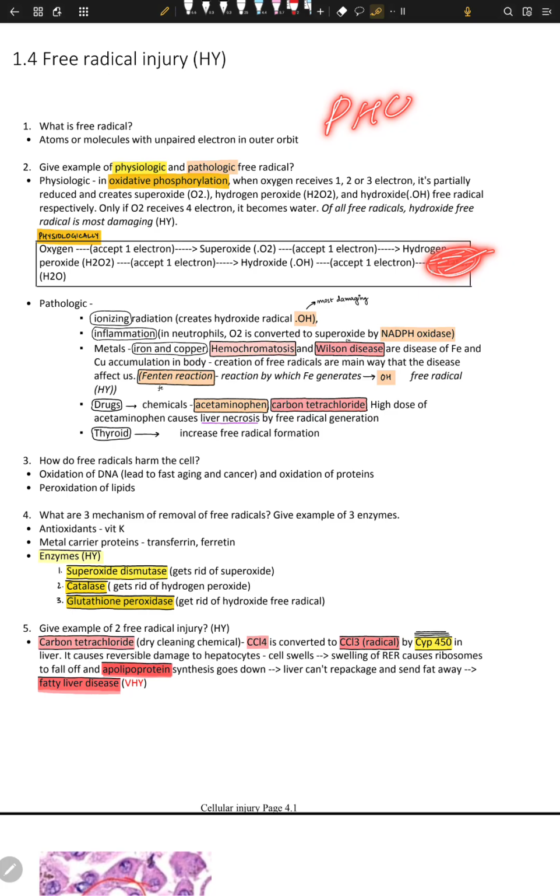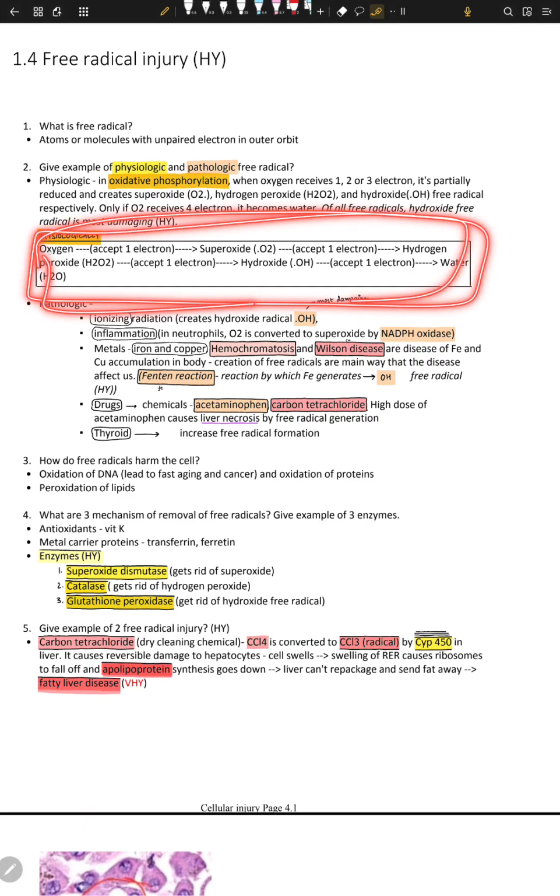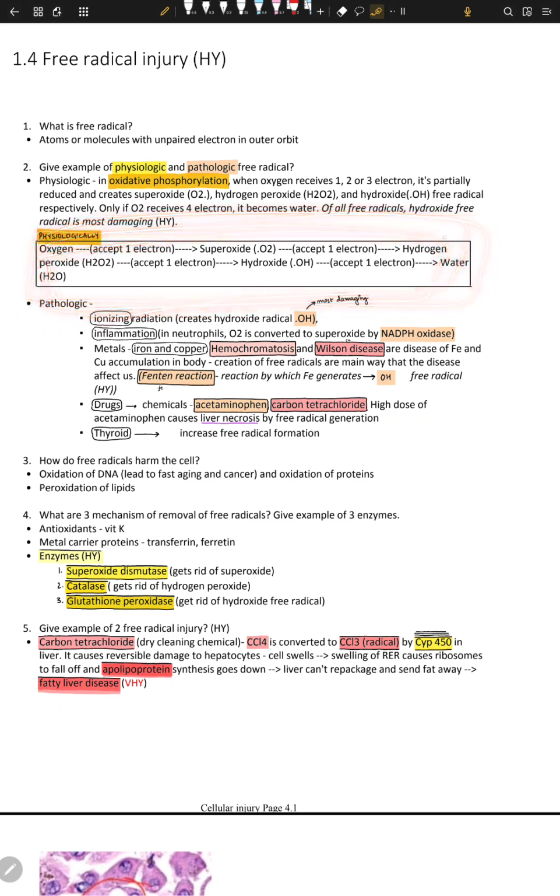Instead of becoming water, the hydroxyl group becomes something else; I'll tell you what. This is physiological, because this is how phagocytosis happens. We need free radicals to destroy the bacteria.